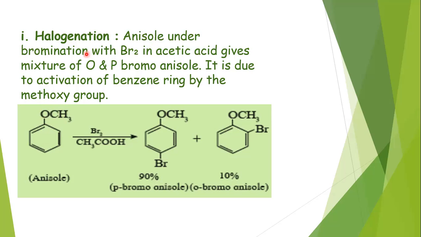When anisole undergoes bromination with Br2 in presence of acetic acid, it gives a mixture of ortho and para bromoanisole.